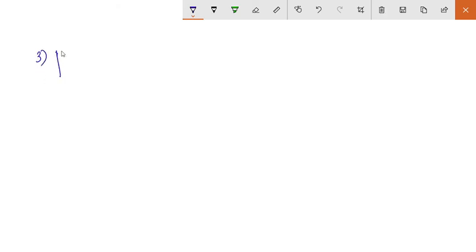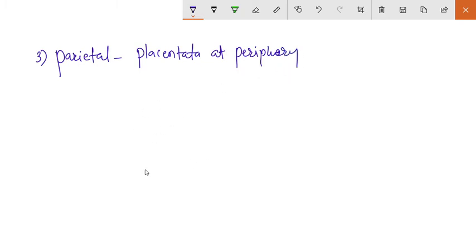Third type. Parietal. Okay. Parietal means what? Parietal means the placenta at the periphery, surrounding.